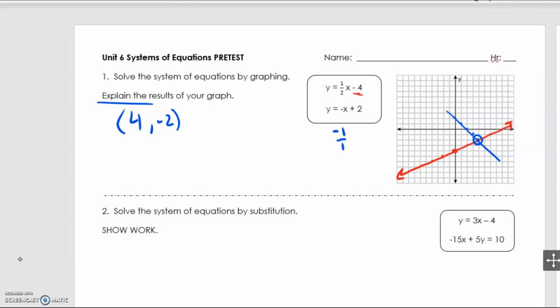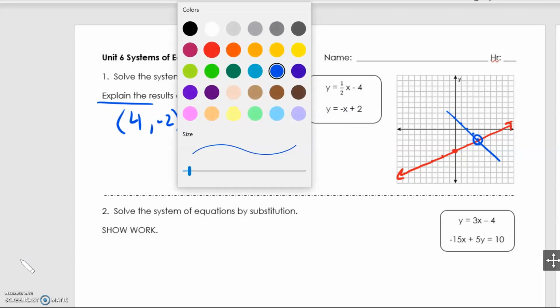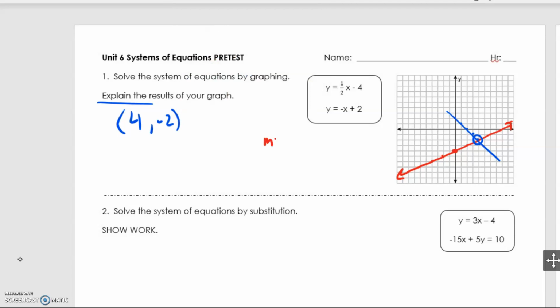Right here it says to explain. As long as you show your work over here on the side, like on the graph, then that's okay. I could say for my top equation, my slope was 1/2 and my y-intercept was -4.